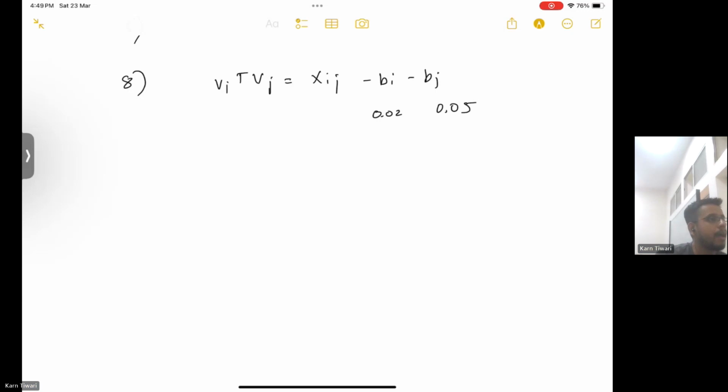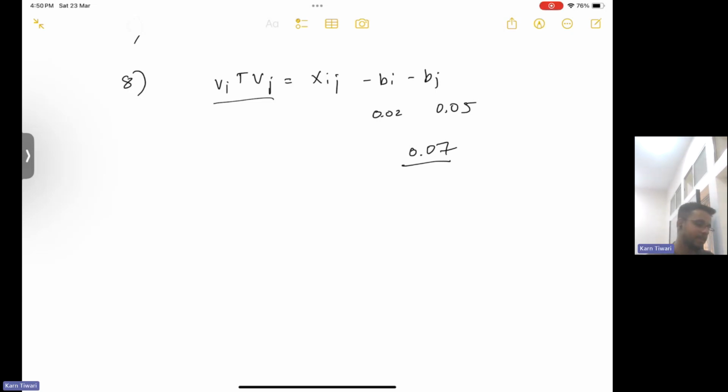And the cosine similarity is very high, so this quantity is very high, hence positive. If we add these two, it's 0.07.